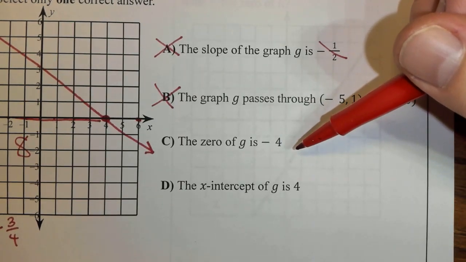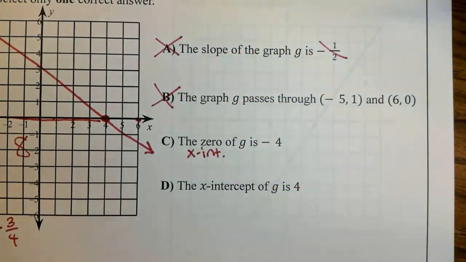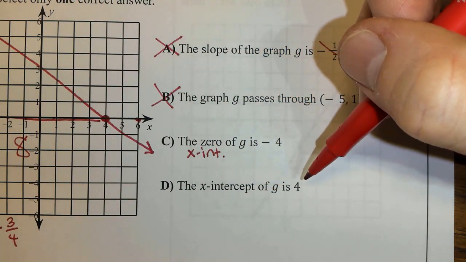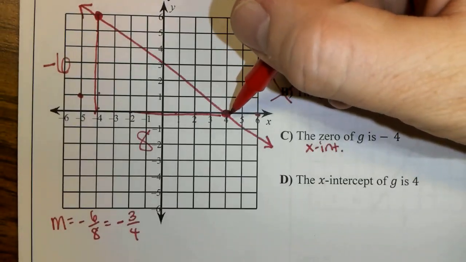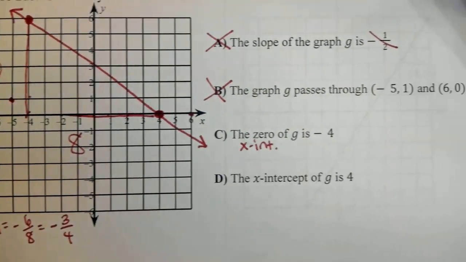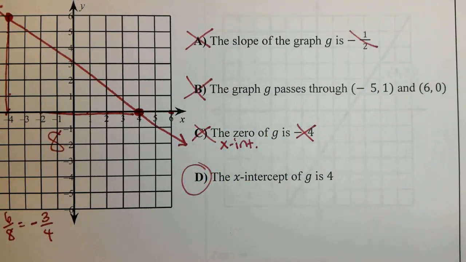Okay, the zero of g, remember, zero is the x-intercept. So the x-intercept is negative 4, or D, the x-intercept is positive 4. Well, we know it crosses the x-axis right here because we already have a point, and that's (4, 0). So it's not negative 4, it is positive 4.